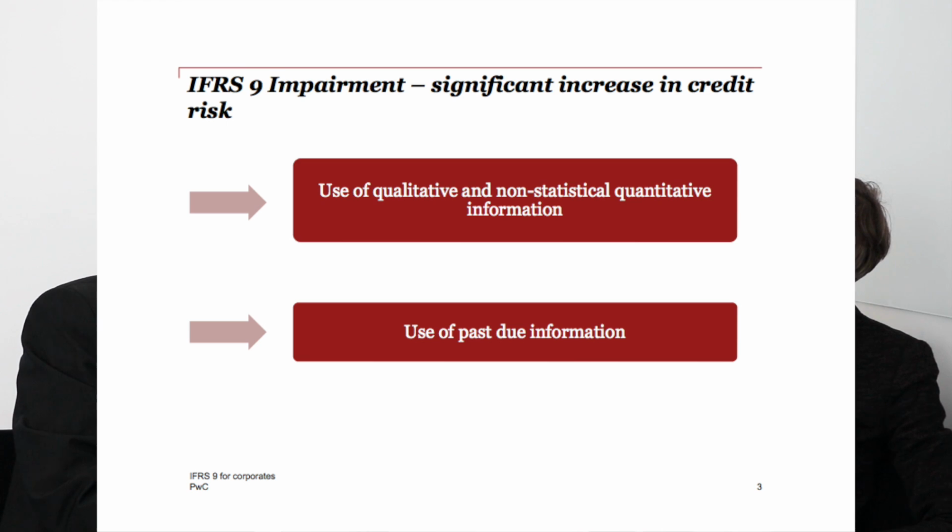Yeah. Well, first of all, it's not always necessary for corporates to have those complex statistical models and these credit ratings. Often it will already work if they use some qualitative, non-statistical information. So IFRS 9 provides quite a number of qualitative factors that should be taken into account and that may indicate that there is a significant increase in credit risk.